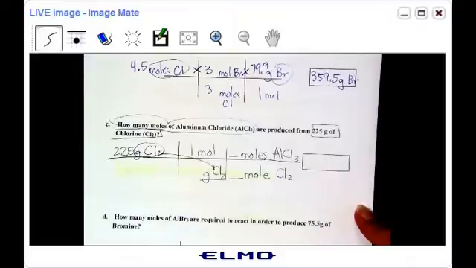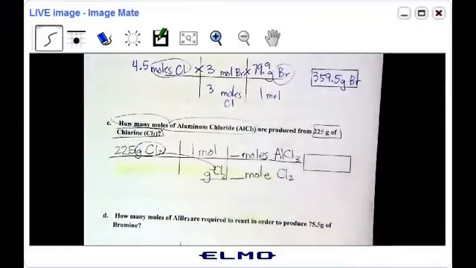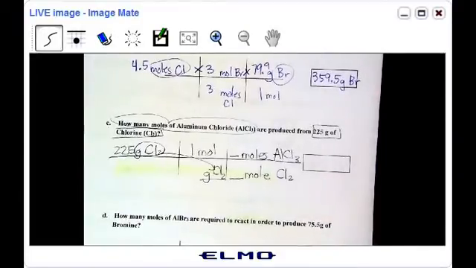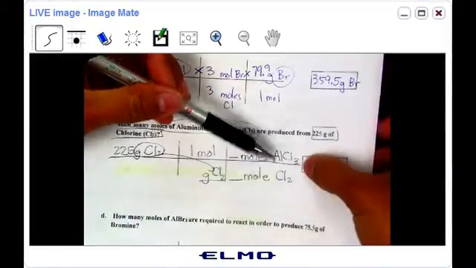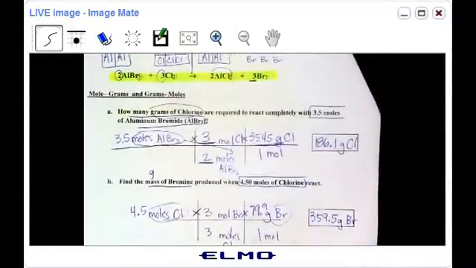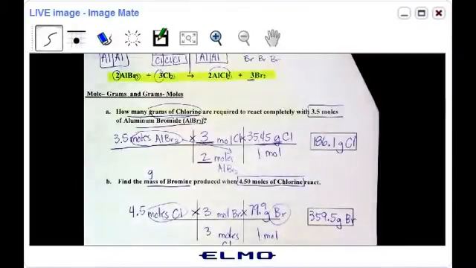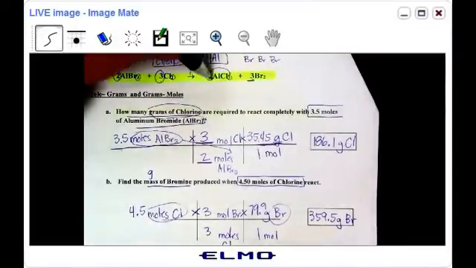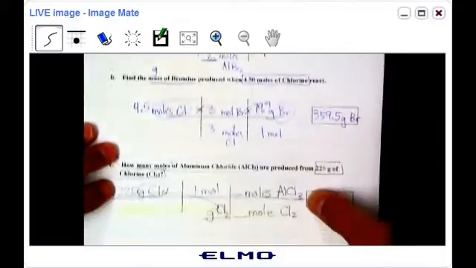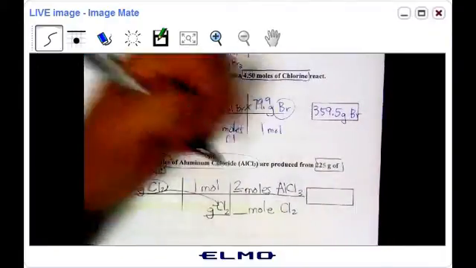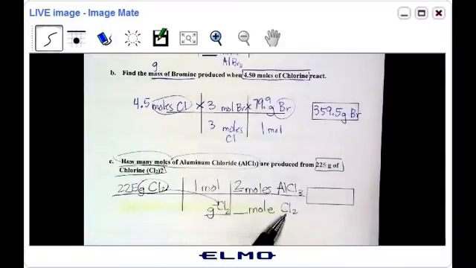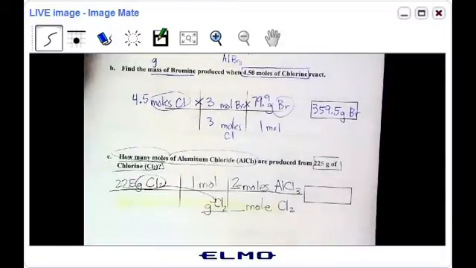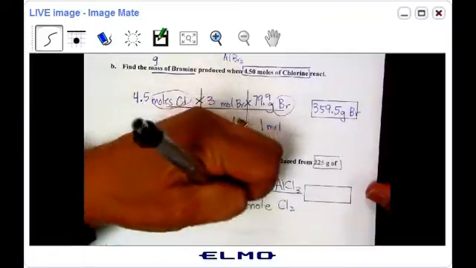Because this is stoichiometry, we no longer just put the number 1, we go back to the coefficients. So what's the coefficient of AlCl3 in this equation? AlCl3, the coefficient is 2. I'm going to put a 2 here. Look at the very top of your paper, and what's the coefficient of Cl2? The coefficient at the very top says it is 3.